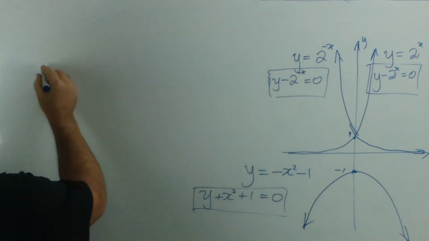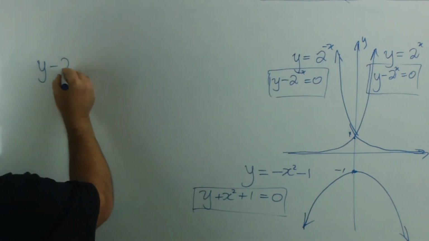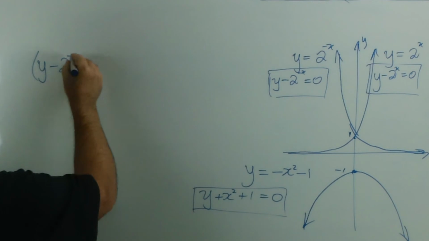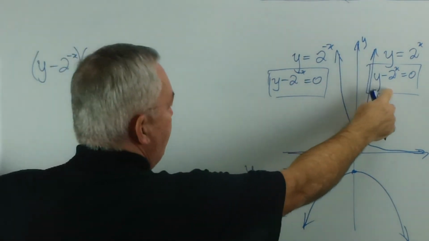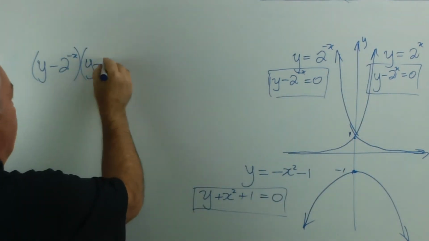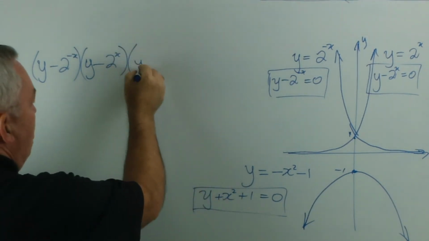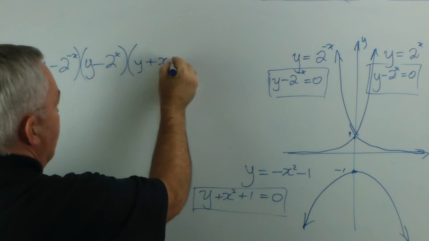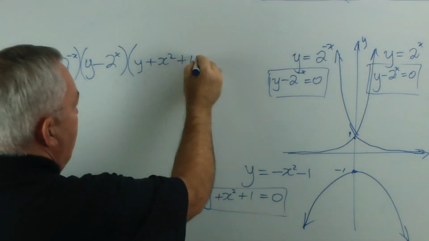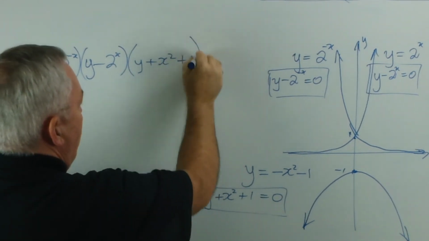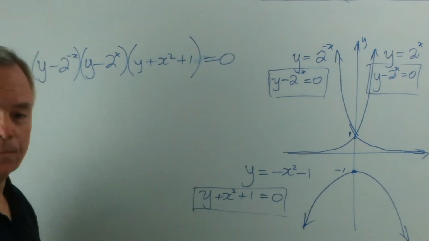Let's do it. We're going to write that y minus 2 to the minus x times y minus 2 to the plus x times y plus x squared plus 1 all equals 0.